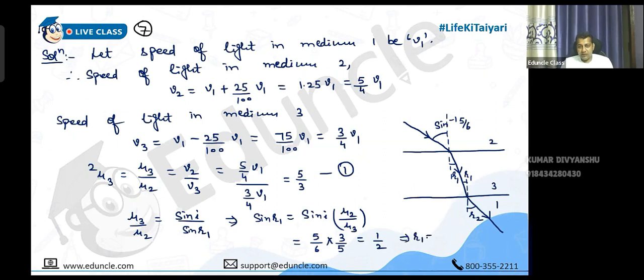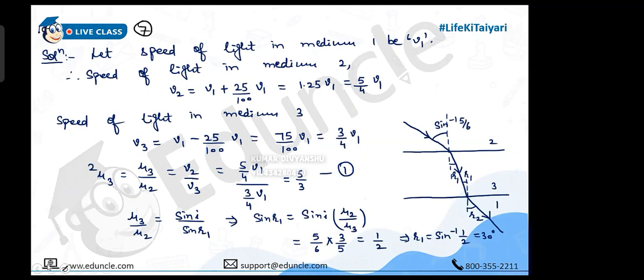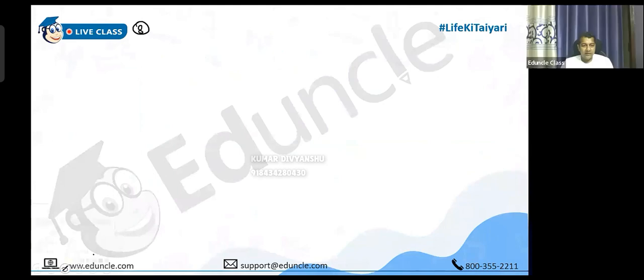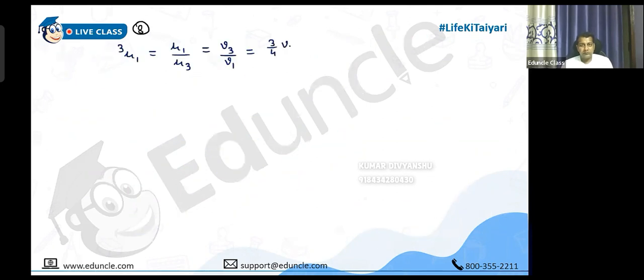So this shows R1 is clear. Yes, sir. Now similarly, what we can do is mu1 by mu3 is sin R1 by sin R2.